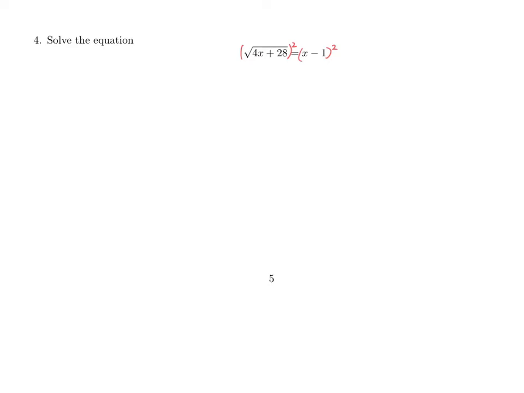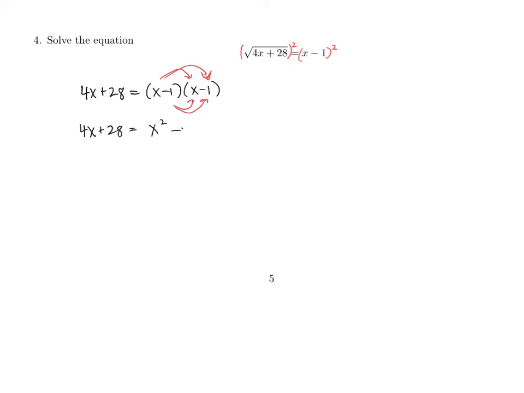The square undoes the square root, and so that's going to give you 4x plus 28 is equal to x minus 1 squared, which means x minus 1 times x minus 1. So you're going to have to distribute this all the way out. Some people say FOIL. So you'll have 4x plus 28 is equal to x times x is x squared.